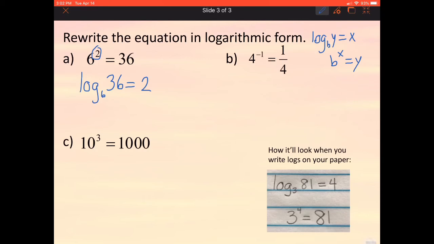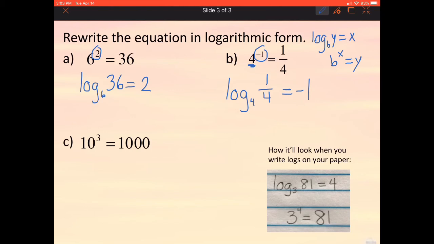All right, let's try the next one. First thing, I find my base. My base is 4. So log, a little subscript of 4, base 4 of, and I identify my exponent. That's what the log is equal to, so that's way over here. So log base 4 of 1/4 equals -1, my exponent.